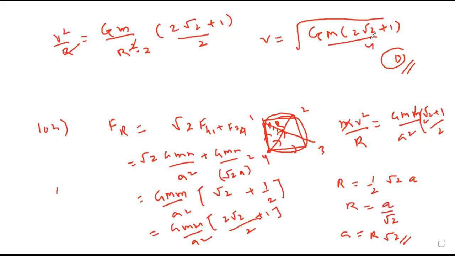Which of the following graph shows the variation of acceleration due to gravity g with height? As you go down, down, down, acceleration increases or decreases?